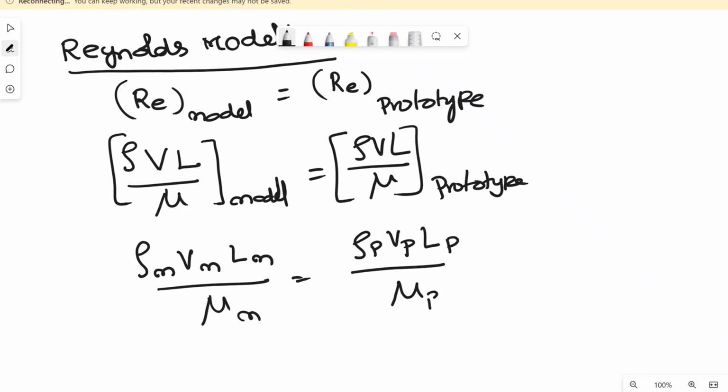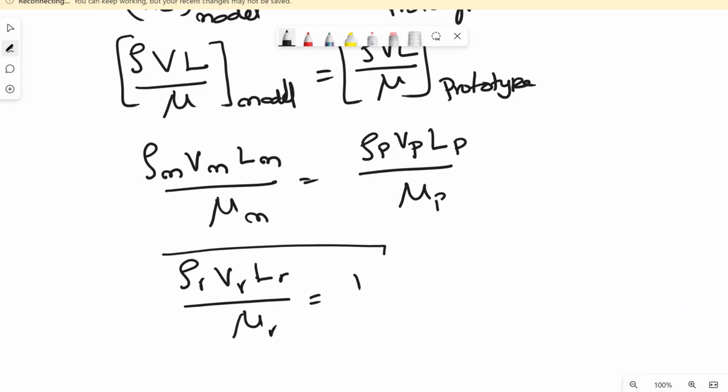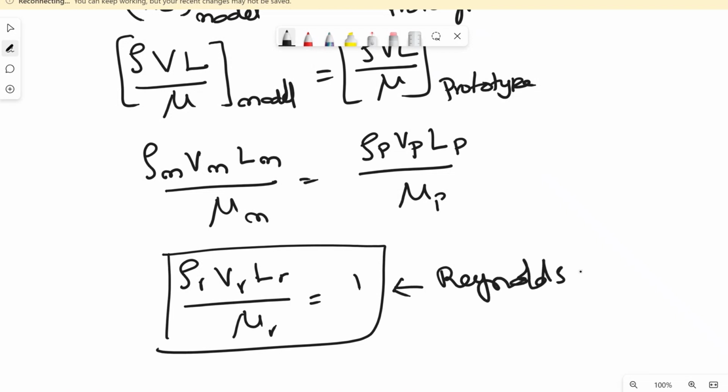Or if we make it in terms of ratios, it will become rho r Vr Lr by mu r is equal to 1. So this is the Reynolds model. This is the first one.